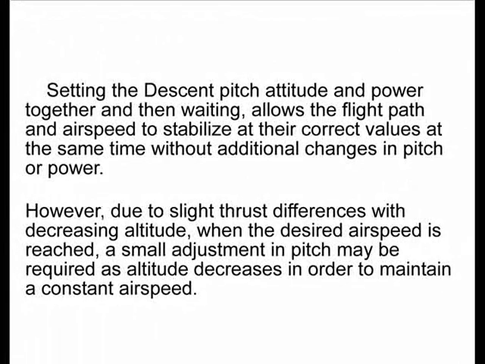Setting the descent pitch attitude and power together and then waiting allows the flight path and airspeed to stabilize at their correct values at the same time without additional changes in pitch or power.